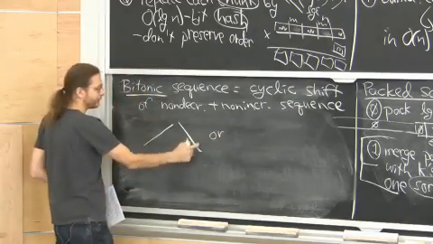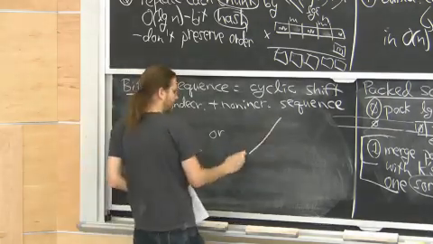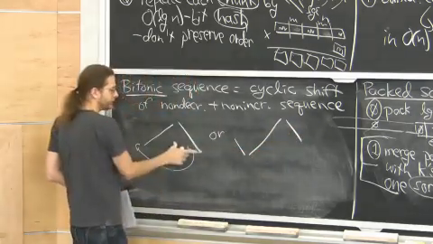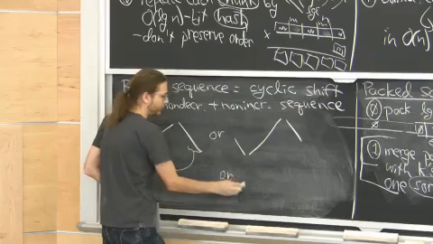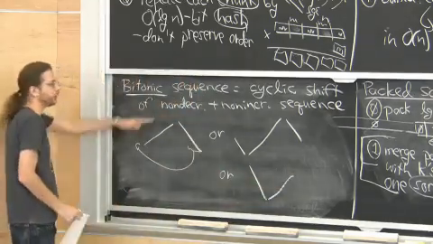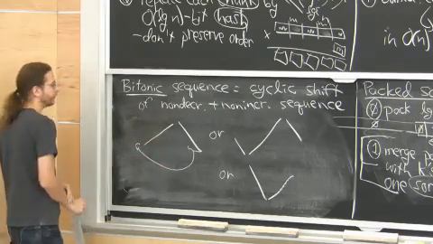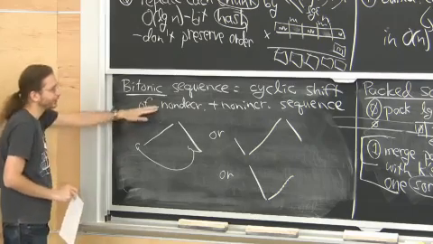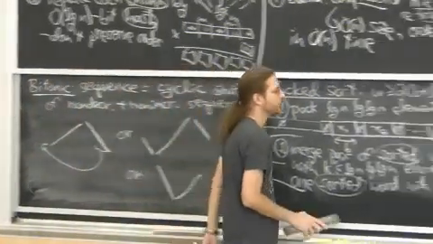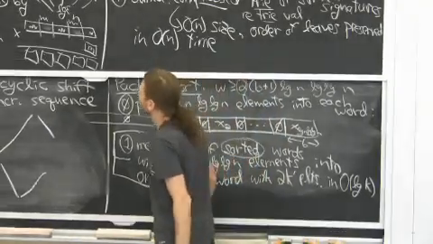So I could, for example, take this part here and shift it over to this side. So then I'd end up with this, this, and this. This is also bitonic. Or I could shift this whole thing and put it over there. And so I end up with that. That's also bitonic. So it basically has one max, one min, if you're reading it cyclically. One local max, one local min. Except it's non-decreasing, so a little messier, but same thing.